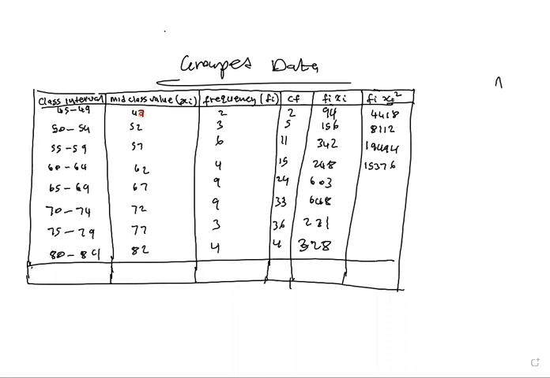You get this number, you square it. Since it is x squared here, you get 47 squared times the frequency. When you square 47, you multiply by the frequency 2, you get this value. When you square 52, the answer that you get multiplied by 3, you get that number.